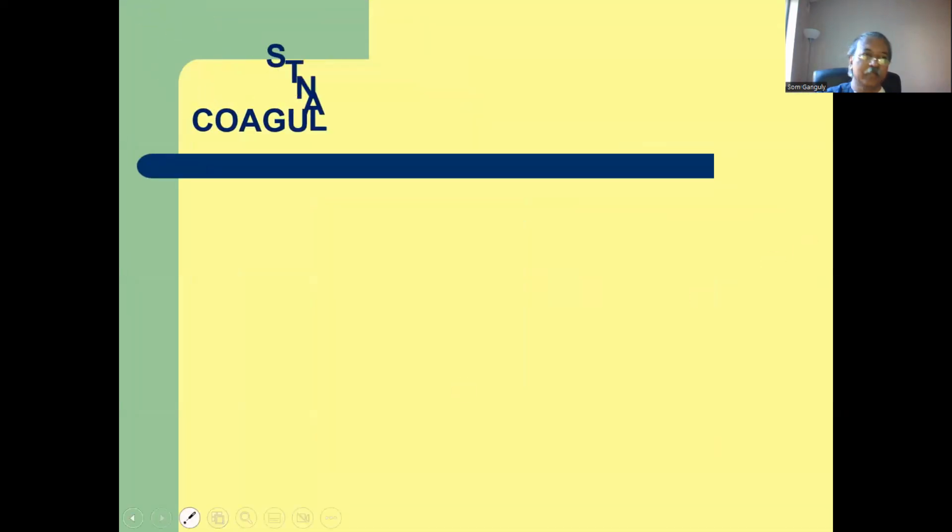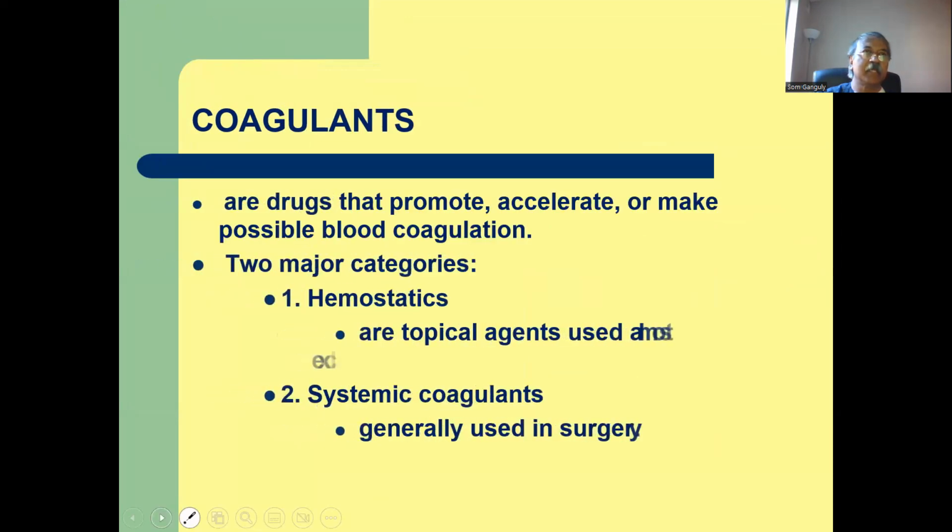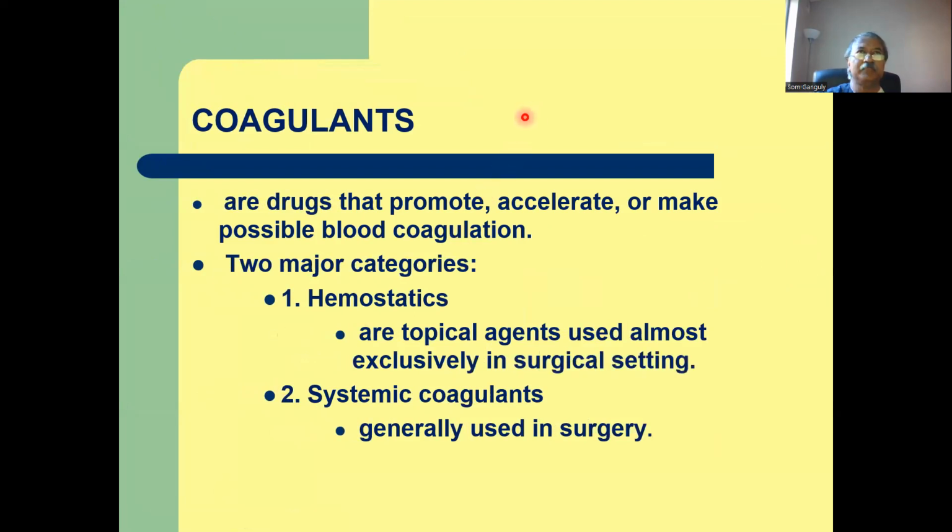Now, coagulant is a substance, a drug that also promotes and allows the blood to coagulate. A coagulant is an external substance.